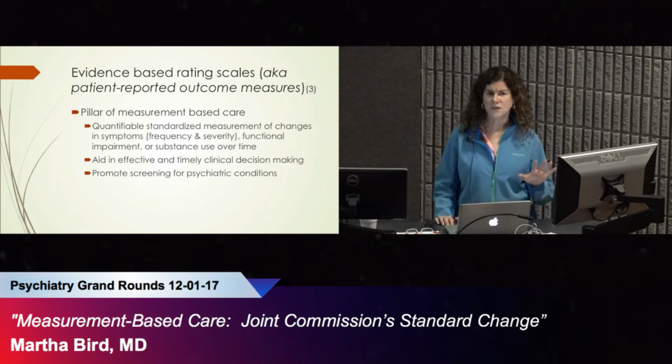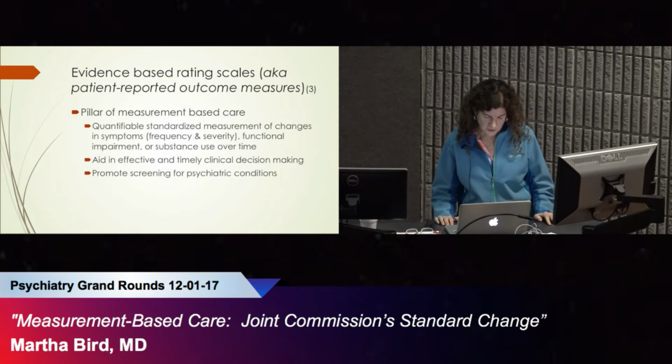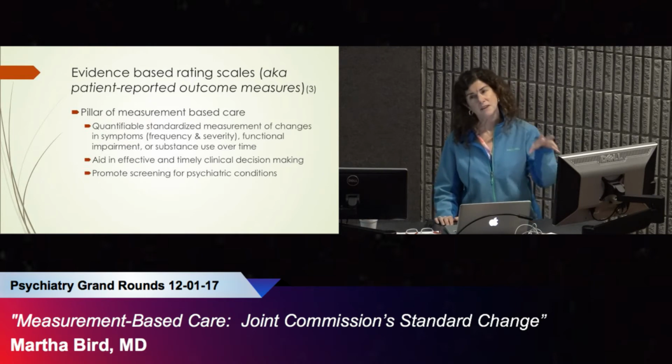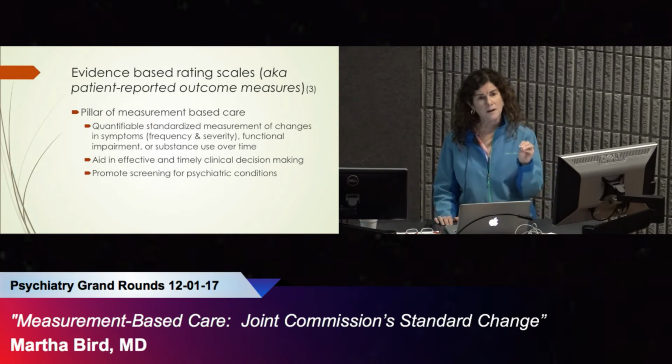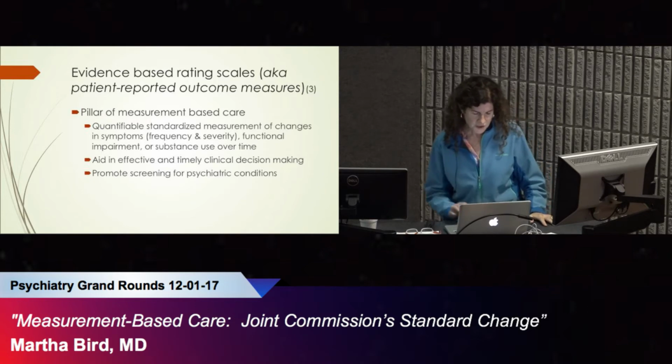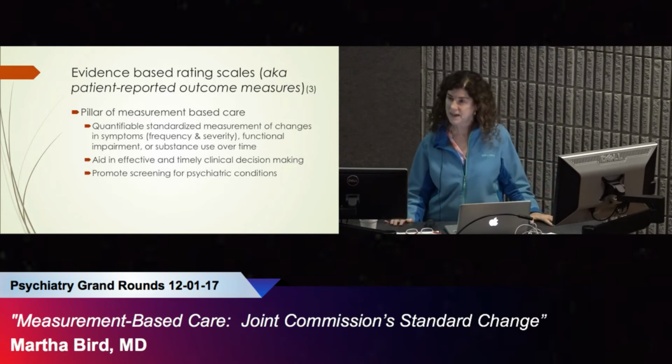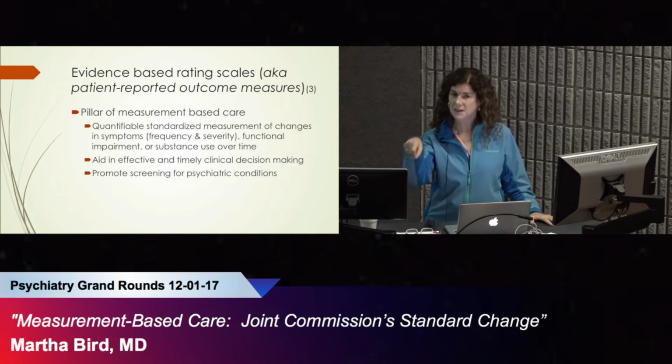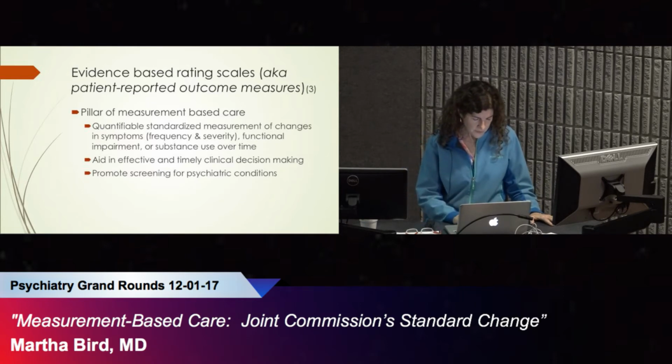They are, at their best, easy to administer, interpretable, reliable, and sensitive to change. That's why the measures that were recommended were in part chosen based on those things. They allow quicker change and fine-tuning of treatment plans when used with frequency and looked at during the encounter.